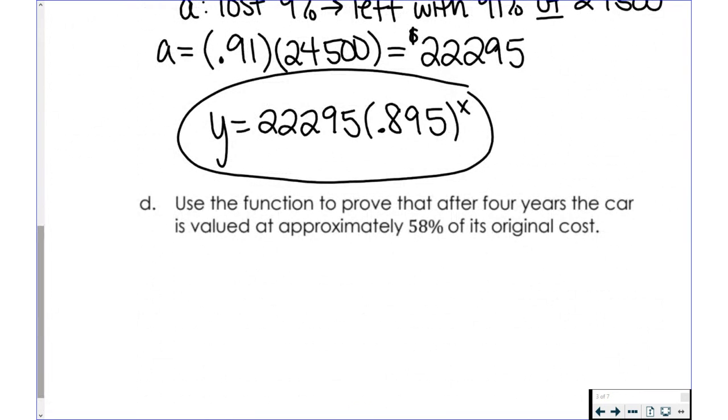So what I'm going to do is figure out, according to the function, how much this is worth after 4 years. So go ahead and do that first. I'll give you a second to figure that out. Make sure you use your order of operations. You would do 0.895 to the 4th power before multiplying by 22,295.